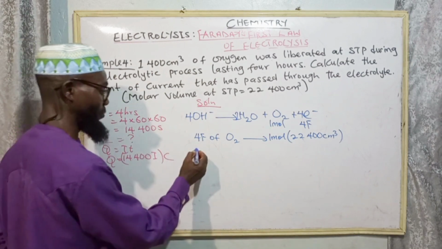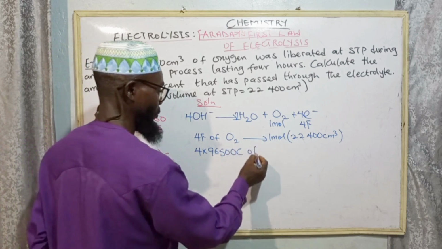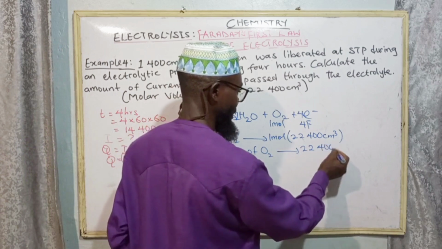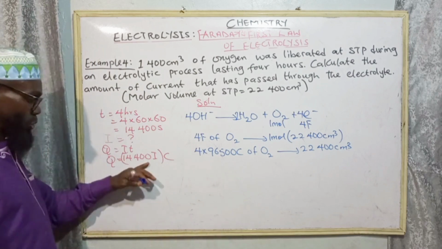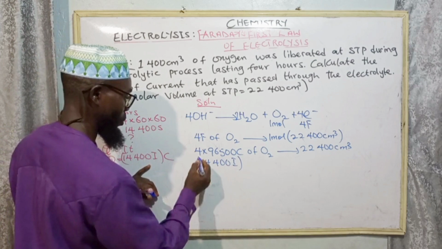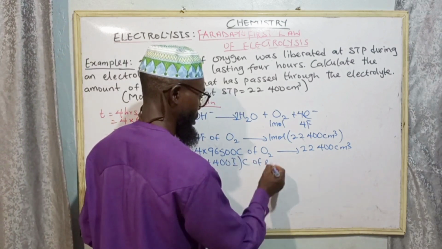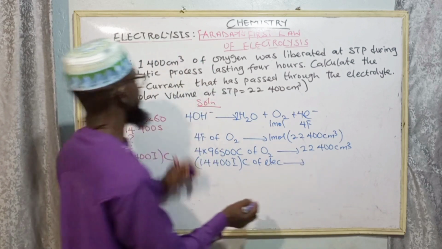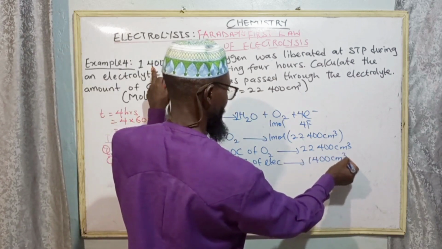So we want to use a mixture of this one. So 4 Faraday is 4 times 96500 coulomb of electricity, giving us 22,400 centimeter cube. Fine. Then this is coulomb. Likewise, this one is coulomb. 14,400 I coulomb of this electricity will give us 1,400 centimeter cube.